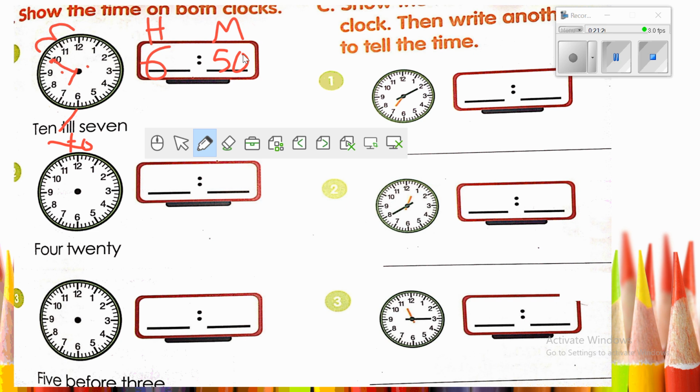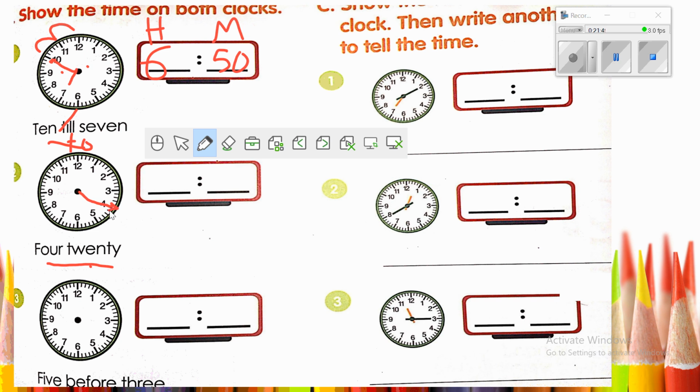Perfect. In practicing, you can do it later. Okay? Don't be scared. Now, 4:20. Let's draw. First, let's draw the minute hand. Where is 20? Yes. Perfect. It's on 4.